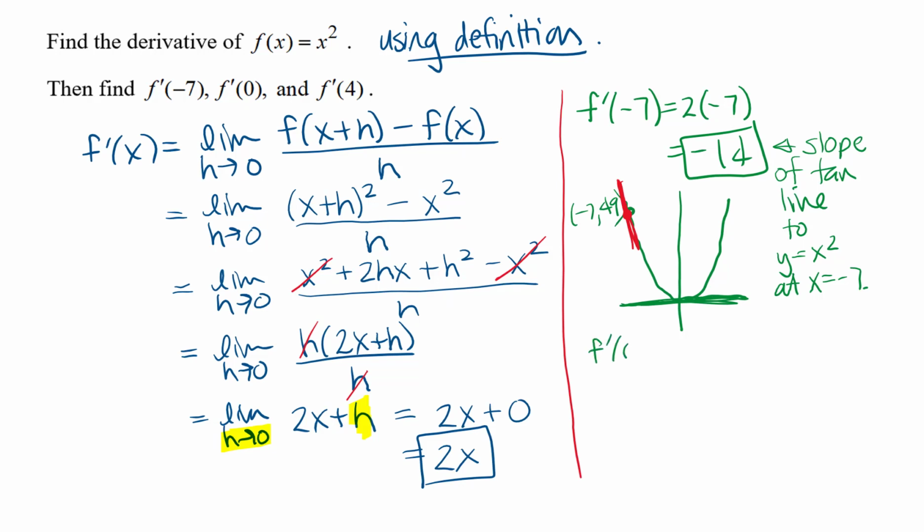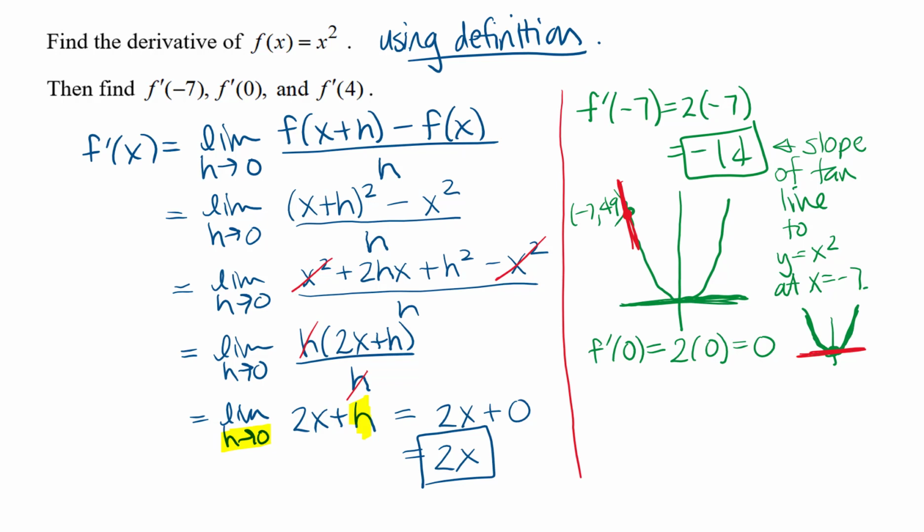Okay, so let's go ahead and do these others. F prime of 0 equals, we're putting 0 into the f prime function in place of x, so I get 2 times 0, which is 0. Again, that's a slope. On the graph of y equals x squared at x equals 0, at the origin, the slope of the tangent line is 0. So I have a horizontal tangent line at that point.